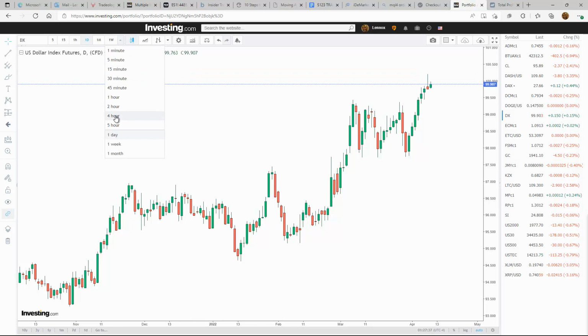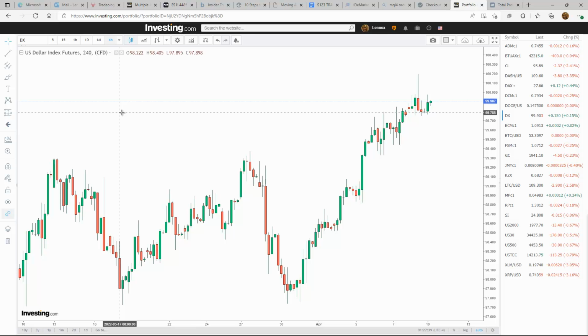I'll just drop to the 4-hour to take a closer look, and on the 4-hour time frame, that big huge pin bar again could portend some weaker moves, maybe back down in the short term, at least for the US dollar. So maybe a little bit of a stumbling for the US dollar going into this week.